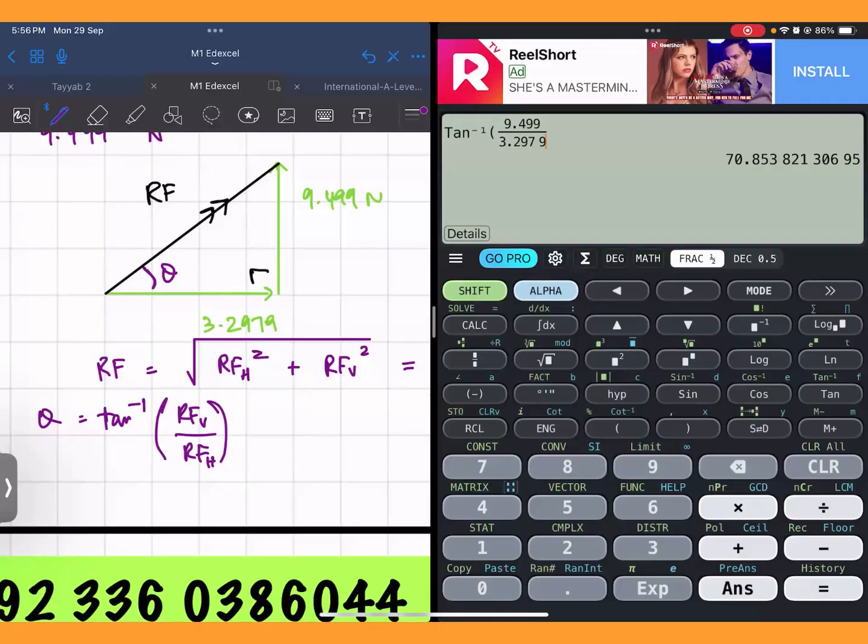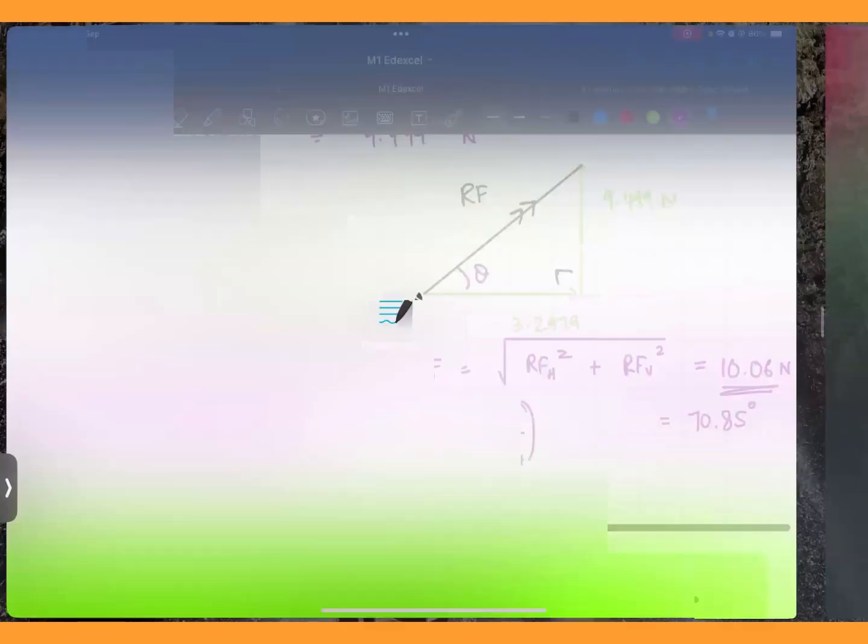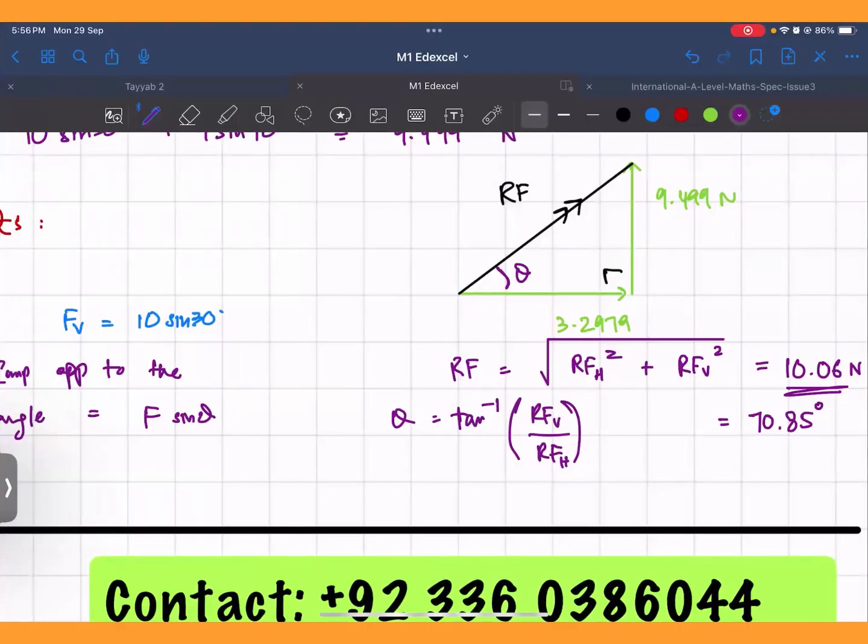So this is 70.85 degrees. And you can see this was the x-axis, and this is the angle anti-clockwise, 70.85 degrees from the positive x-axis.